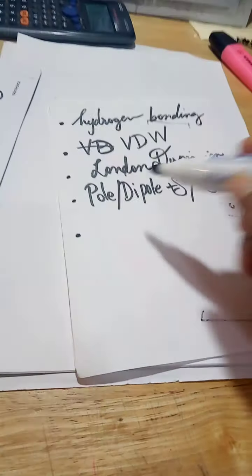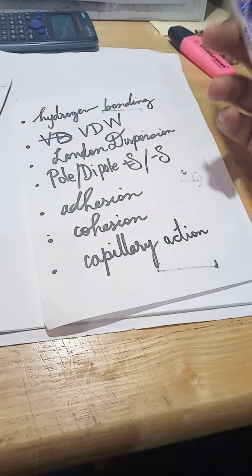So there's hydrogen bonding, Van der Waals forces, London dispersion forces, dipole-dipole interaction, adhesion, cohesion, capillary action, and I think that's about it. So we've got the major bonding forces, and then we've got the weaker bonding forces.